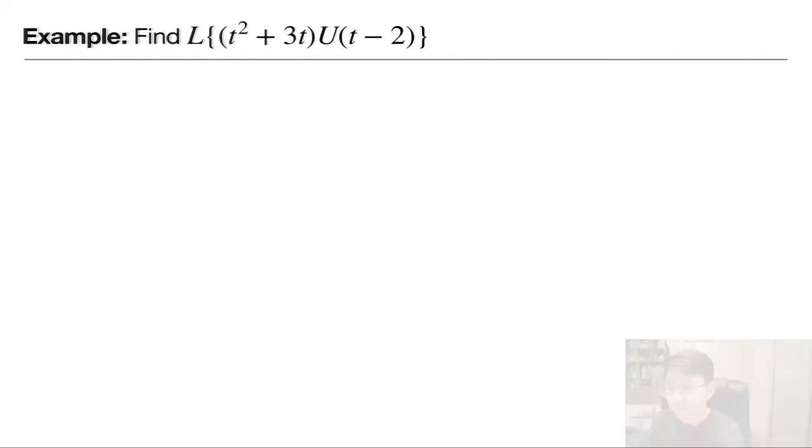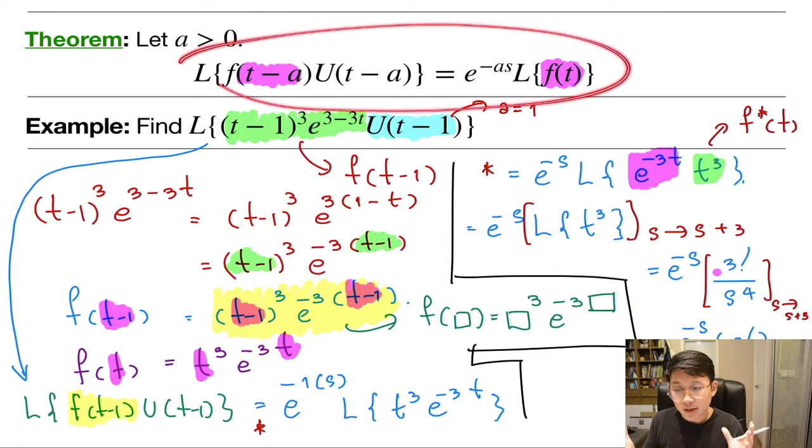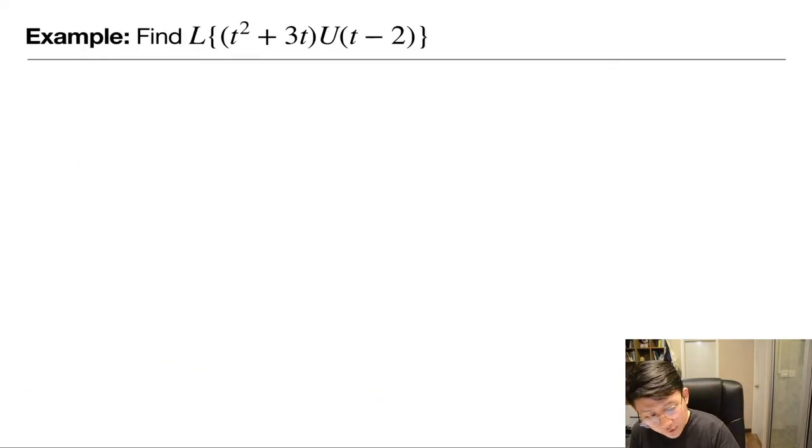Okay, the second question here. We want to apply this technique, right? The third technique, which is the technique to find the Laplace transform for the unit step function. But as you can see, you need f(t-a) u(t-a), and here you have u(t-2).